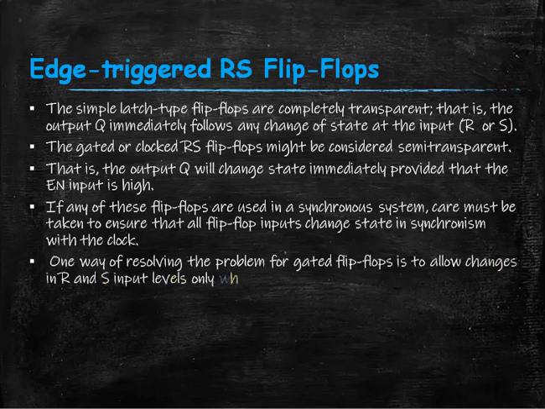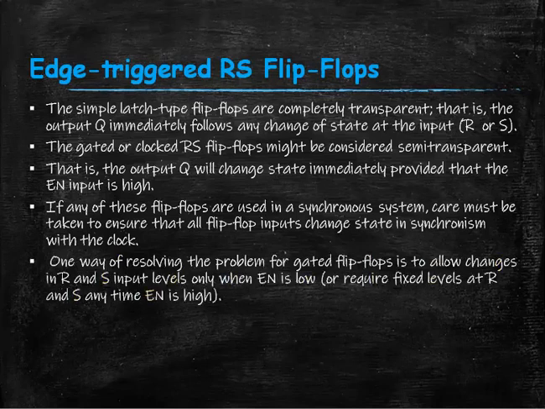One way of resolving the problem is to allow changes in R and S input levels only when EN is low. EN is low means the flip-flop is disabled.